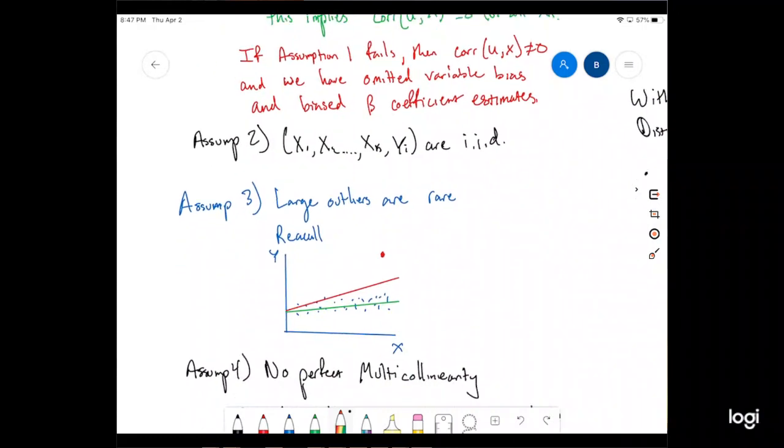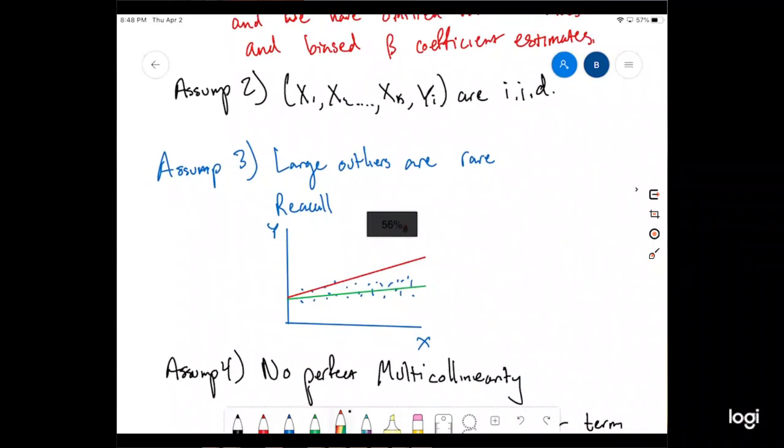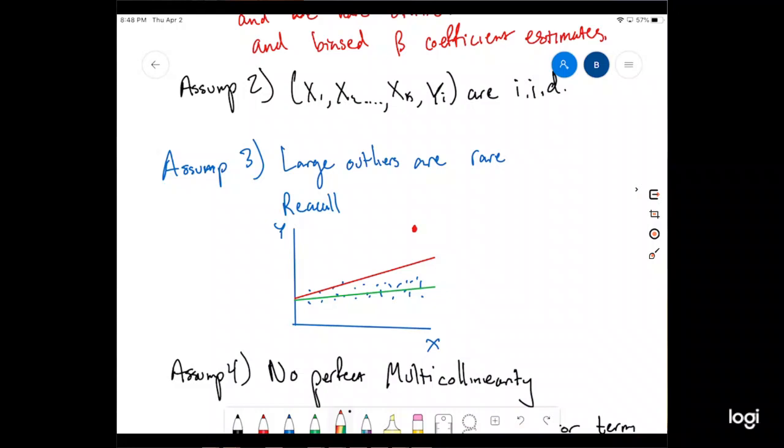Assumption number 3, large outliers are rare. Remember from the single variable case, we said that if all the data points lie along a certain plane or within a certain bandwidth here, the regression line would be the line in green, but maybe there is one data point that pulls up the regression line, the data point in red there, way up high.